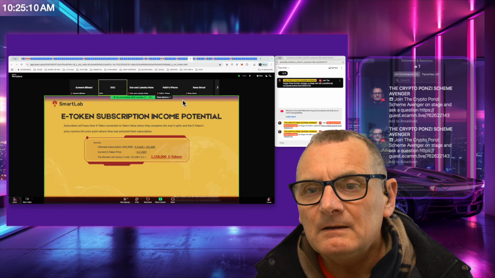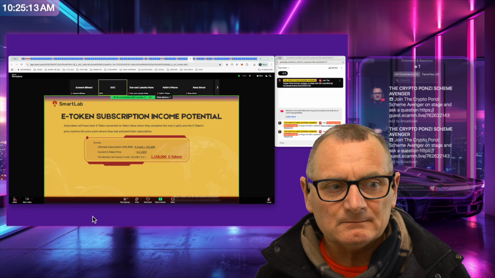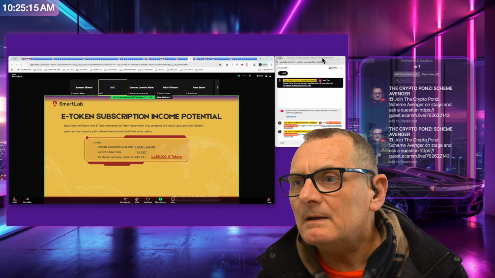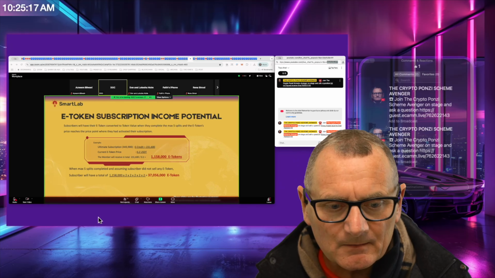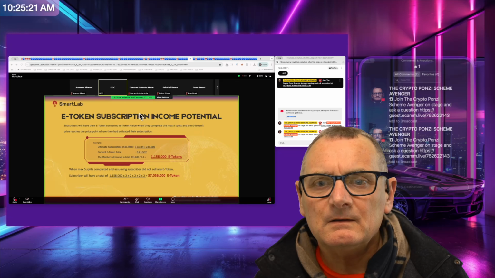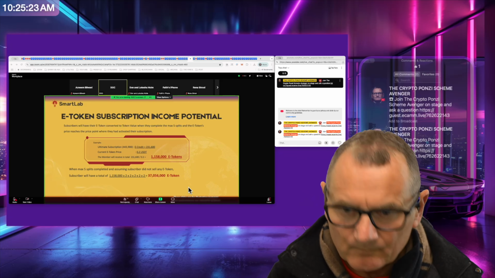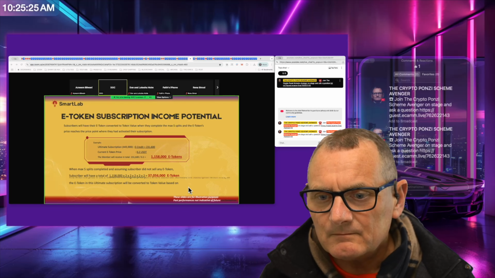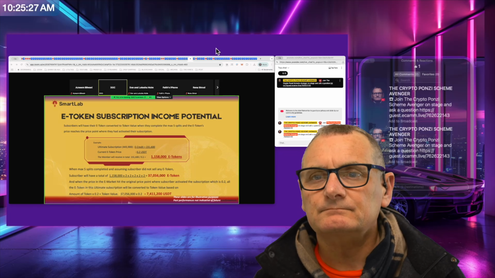So if we use the ultimate subscription, base price of 0.20, that's 1,158,000 e-tokens. If you take that through all 5 splits, that's 37,056,000 e-tokens.